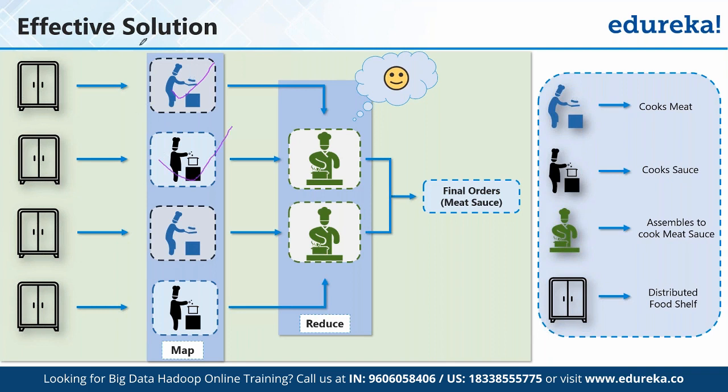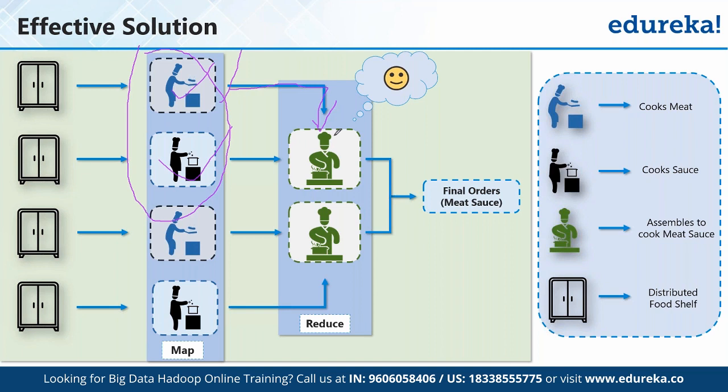Okay, so like you see here in this phase in big data processing, we are actually preparing for food processing. Some of the cooks are cooking meat, some of the cooks are cooking sauce, and so on. And when all of them are working parallelly, and finally once they are done with their jobs, this unit is mixing them up.